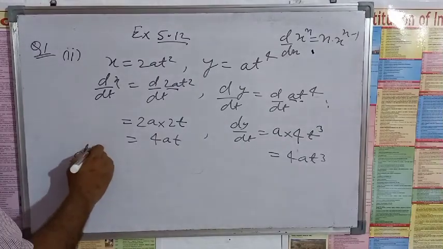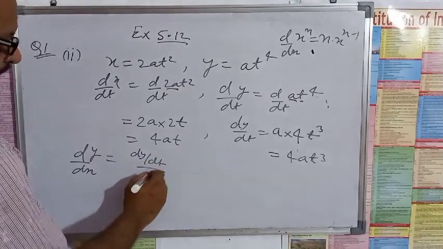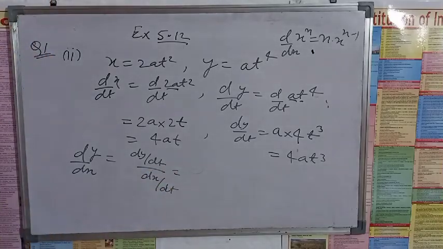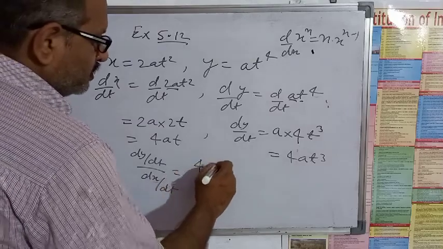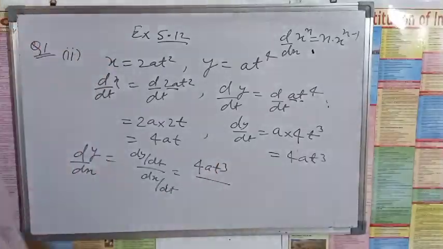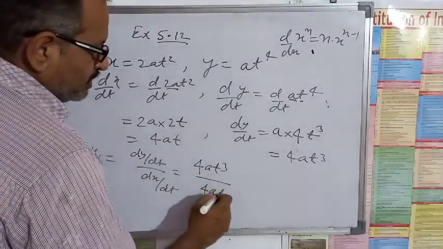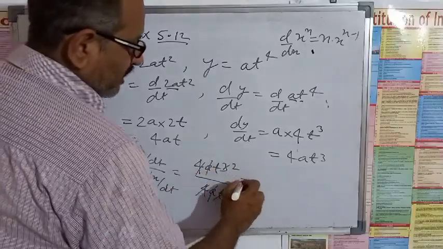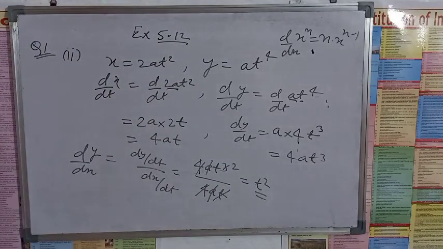So dy by dt divided by dx by dt. dy by dt is 4at cube upon dx by dt, 4at. a cancels with a, 4 cancels, one t cancels, so t square will come. So this is the answer: dy by dx is equal to t square.